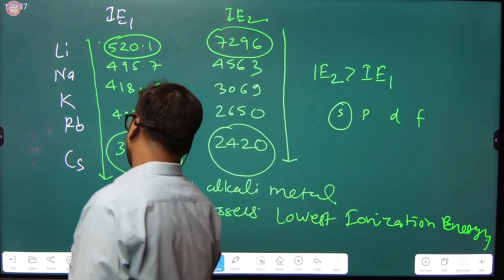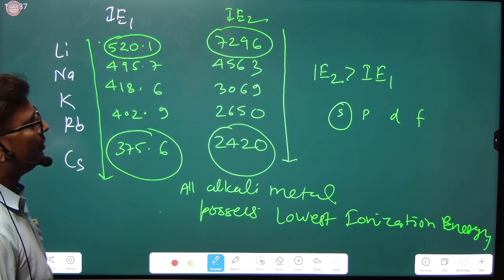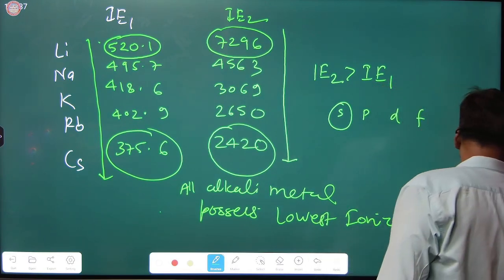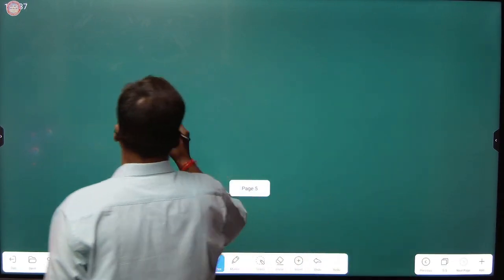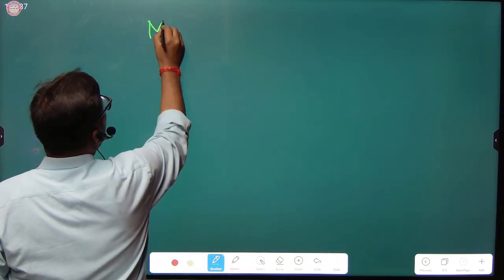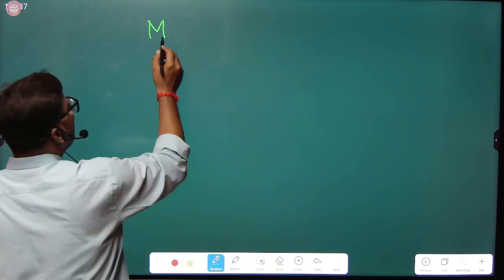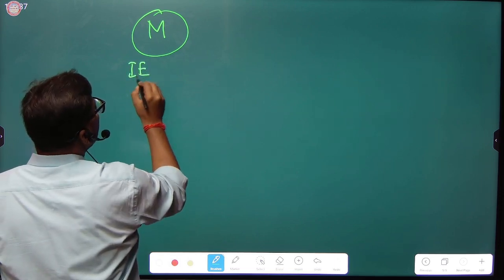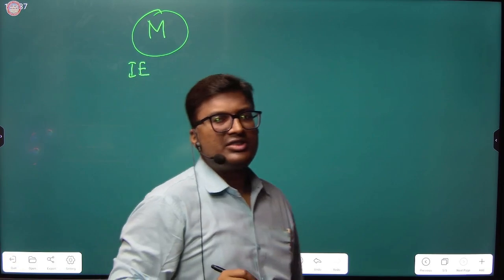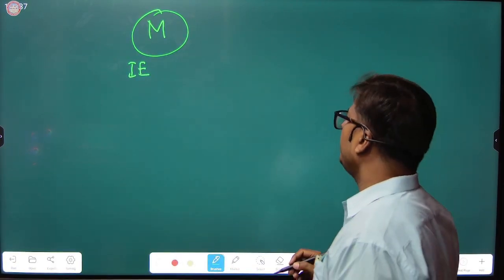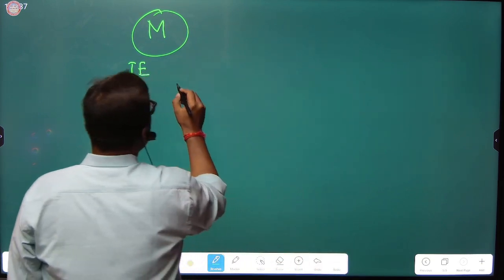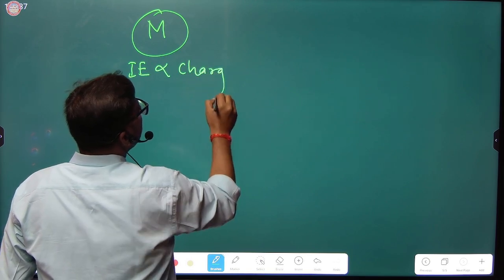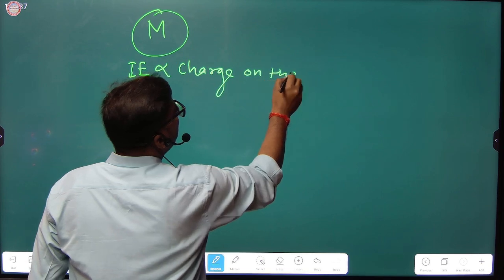So on what factors does ionization energy actually depend? If there is an alkali metal M, the ionization energy depends on the charge on the metal, directly proportional to the charge on the metal.